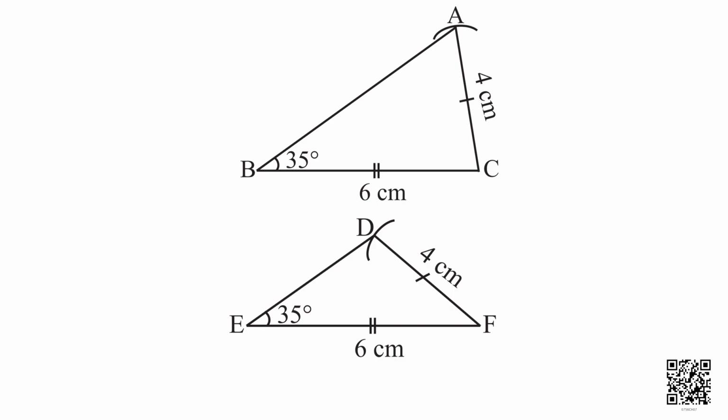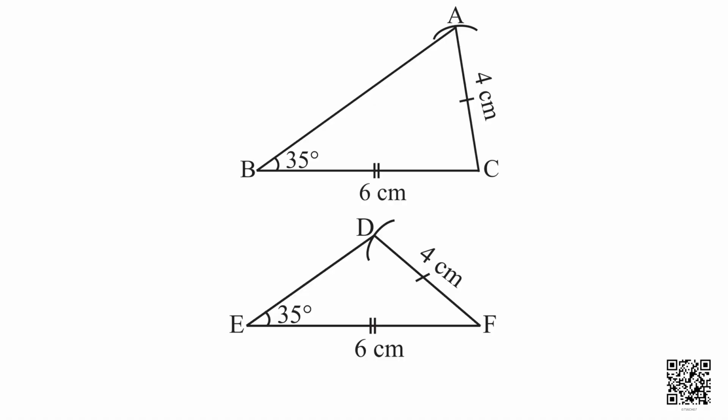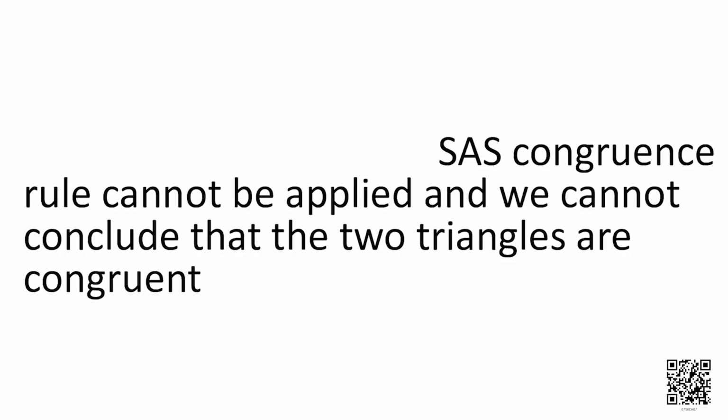So in the C part, here BC is equal to EF, AC is equal to DF, and angle B is equal to angle E. But angle B is not the included angle between the sides AC and BC. Similarly, angle E is not the included angle between the sides EF and DF. So SAS congruence rule cannot be applied, and we cannot conclude that the two triangles are congruent.